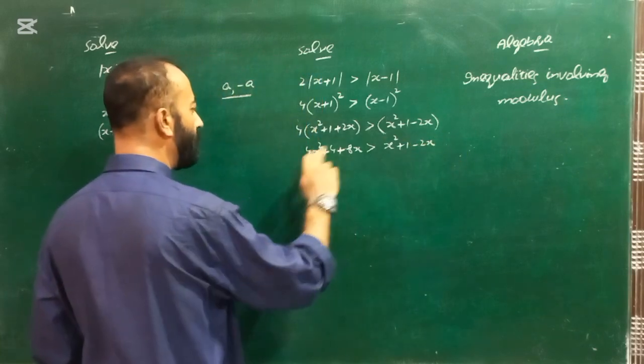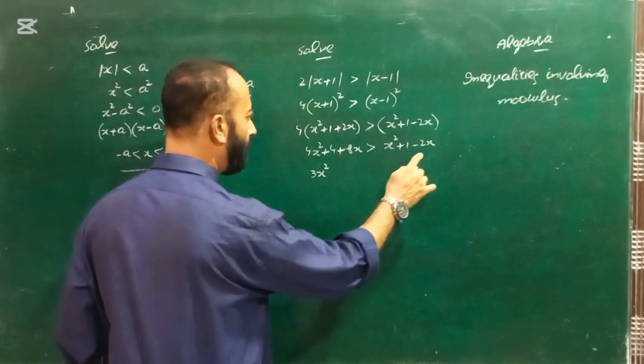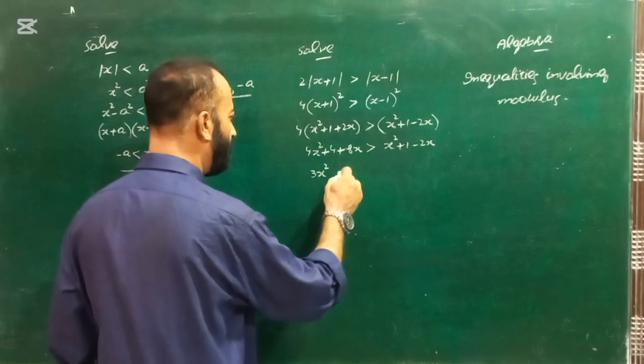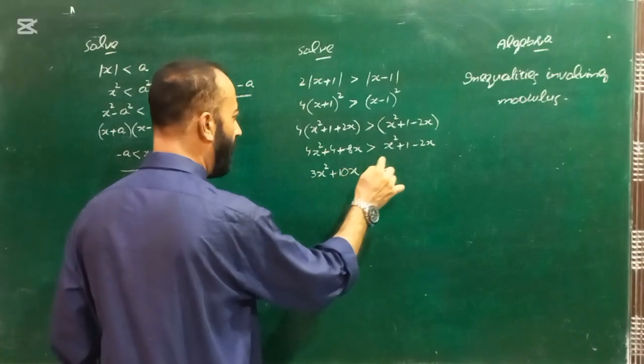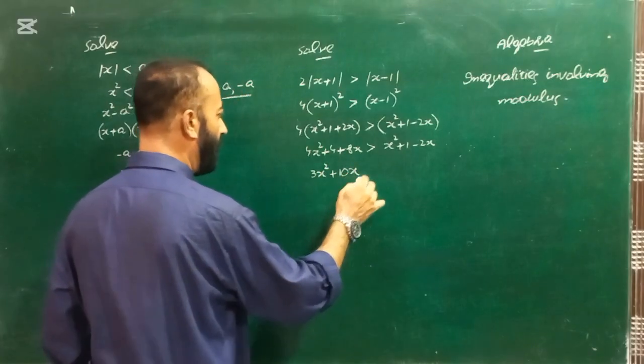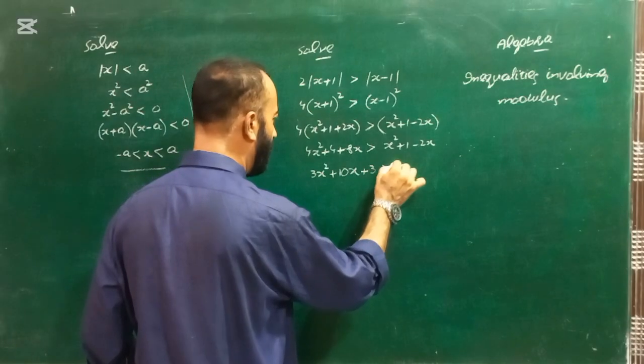Okay, shifting all values to the left hand side, it will become 3x square, minus 2x will become 10x with the 8x, and this one will come to the left hand side. It will now become plus 3 greater than 0.